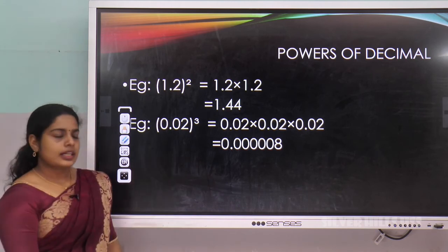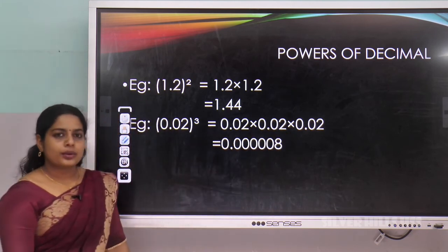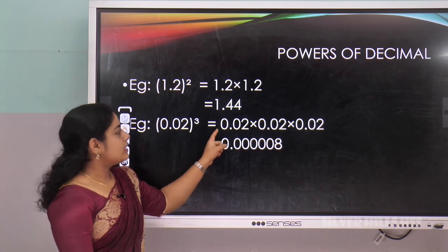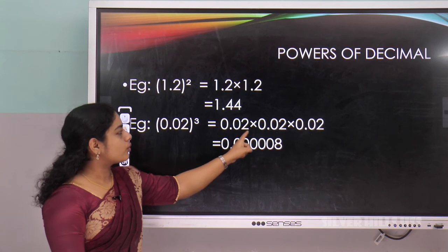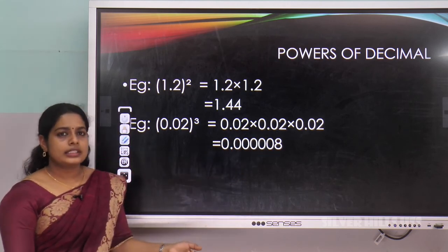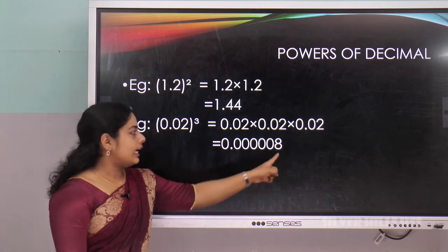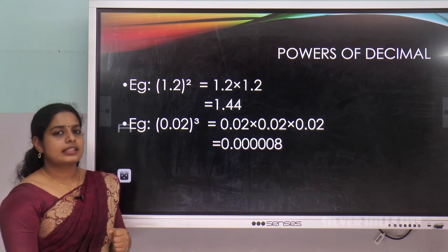Now we have one more example, 0.02 whole raised to 3. 0.02 whole raised to 3 means it is repeatedly multiplied 3 times. Now I told you, for making it simpler, we can just multiply the number without the decimal point. So it will be 002, 002, 002. 002 means 2 only. So 2 into 2 into 2 we will do. You will get 8. Now count the total number of decimal places in the question.